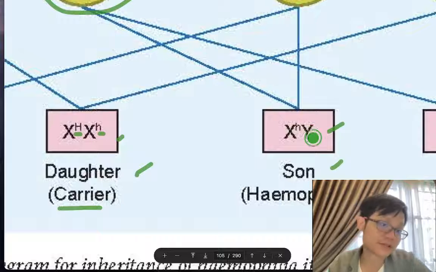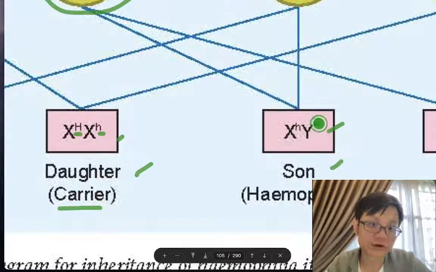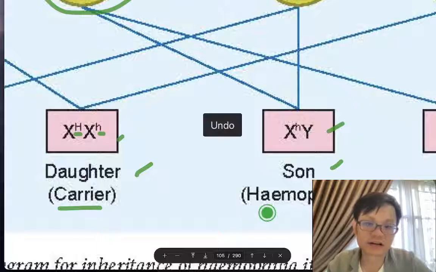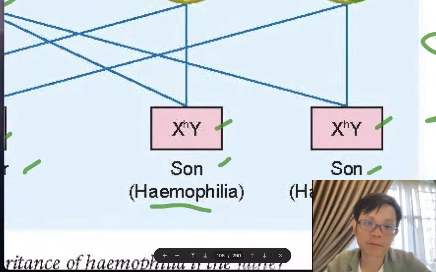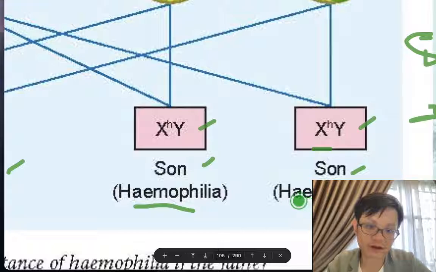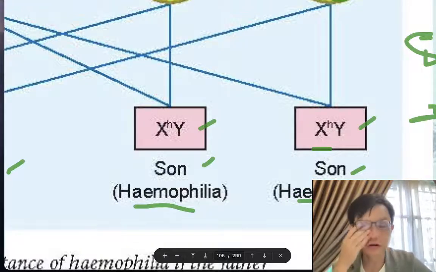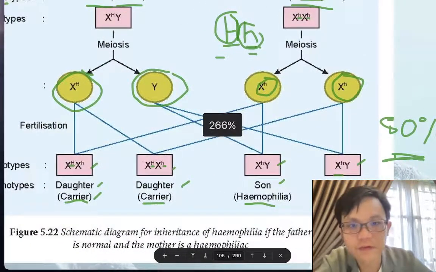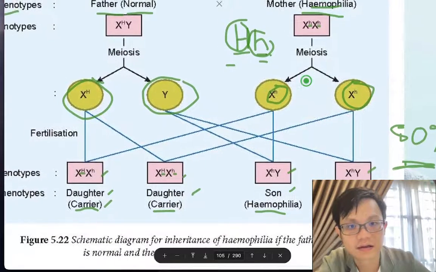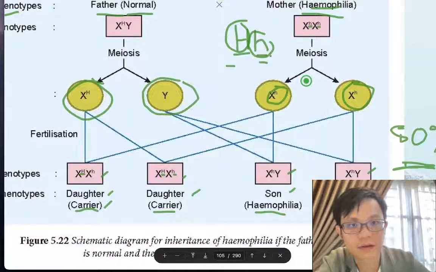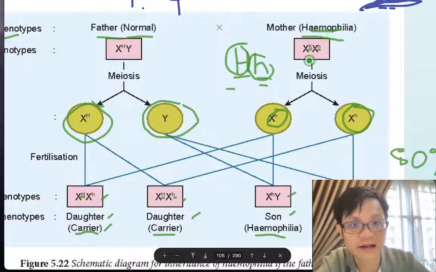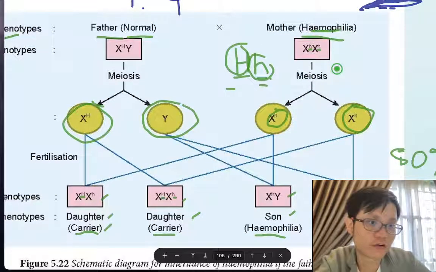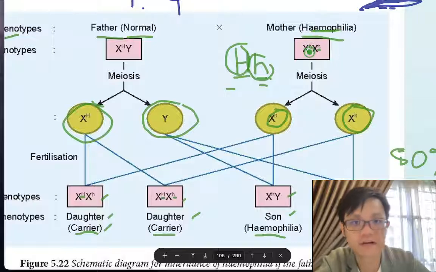And this one, you see, assuming here is small h. Here I didn't write, it means nothing. So this one, the son will have hemophilia, and this one, the son will have hemophilia. So if the mother is the person that has hemophilia, because for a girl, if you want to have hemophilia, you must have two recessive genes.